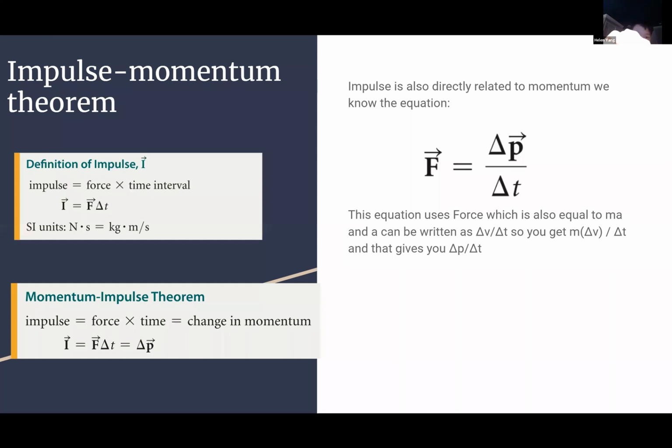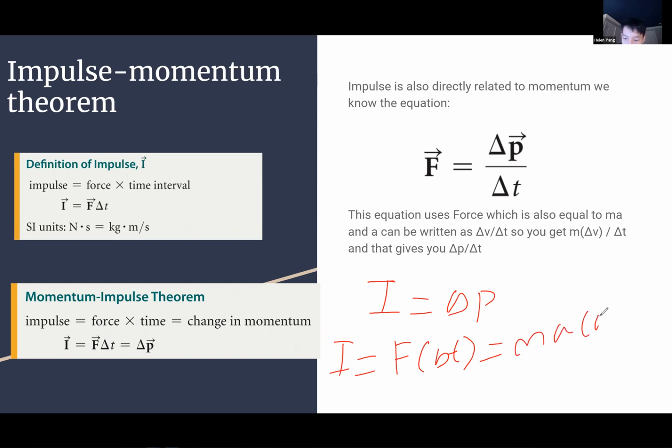So now we'll talk about the impulse momentum theorem. The impulse momentum theorem is that the impulse is equal to the change in momentum. And you get that because impulse is equal to force times time, and force is equal to ma, and a can also be written as the change in velocity over the change in time.